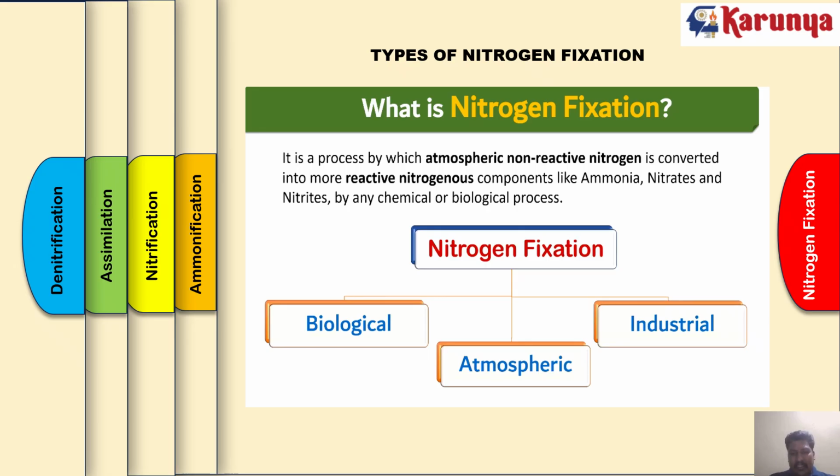The second category is atmospheric: whenever lightning falls on the soil, it can fix some amount of nitrogen in the soil. Industrial nitrogen fixation is exemplified by the Haber-Bosch process, where nitrogen is captured from the atmosphere and combined with hydrogen to produce ammonia gas.